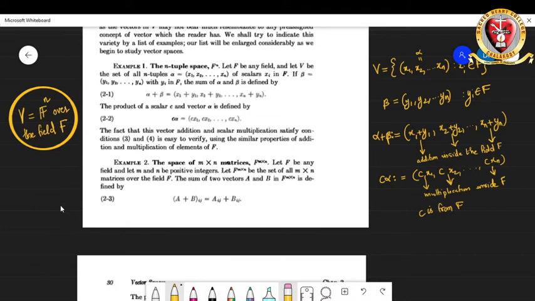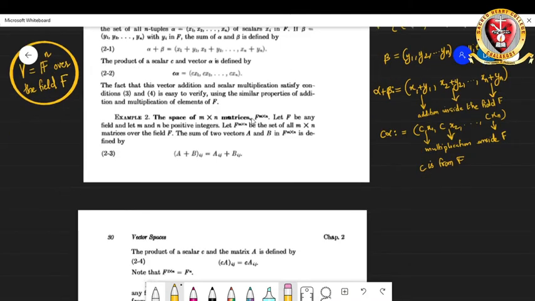Now let's see the second example, which is the set of m by n matrices, denoted as F raised to m cross n.